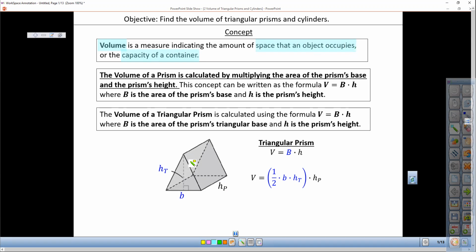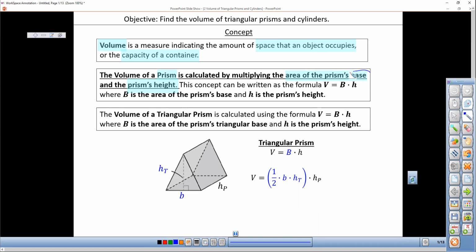And for any prism, so we talked about rectangular prisms and trapezoidal prisms in the previous lesson, the volume is calculated by taking the area of the prism's base and multiplying that times the prism's height. So you have to make sure that you can correctly identify the base, because that's the one you have to calculate the area of.